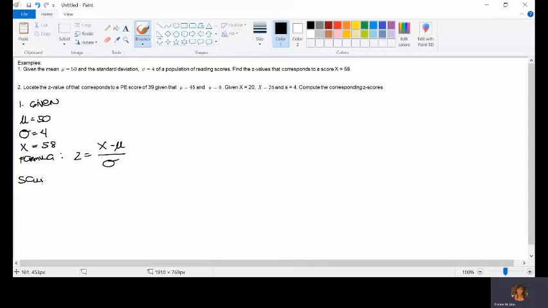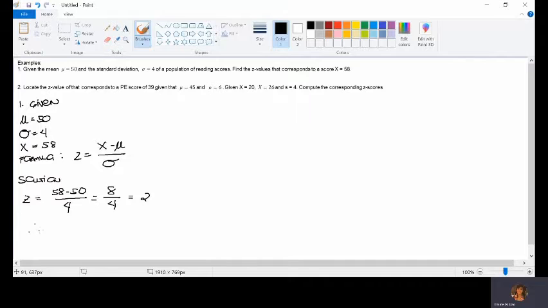So your solution will be z is equal to 58 minus 50 over 4. So 58 minus 50, that is 8, over 4. And the answer would be 2.